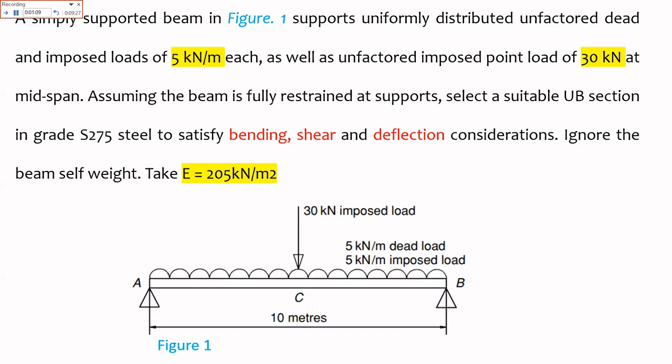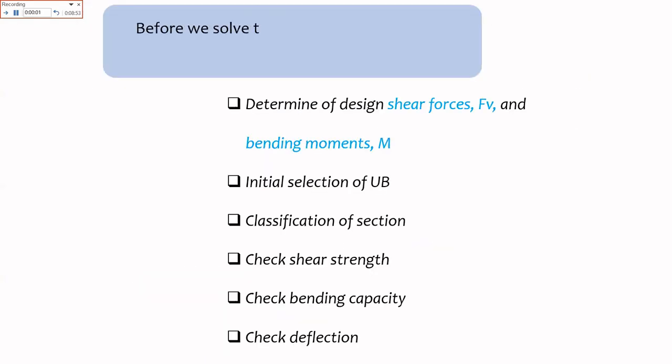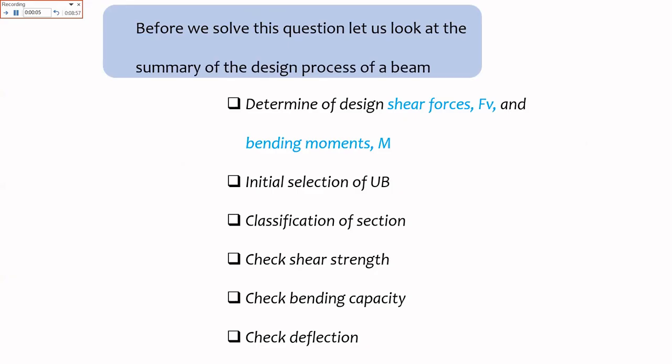Before we start solving this question, we can look at the summary of the design process of the beam. The first stage is to check for shear force Fv and bending moment M. The next step is the initial selection of the UB.